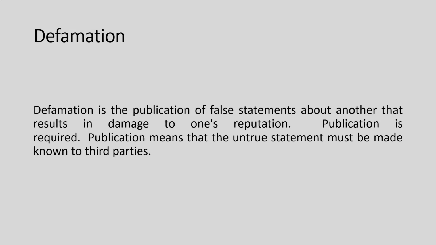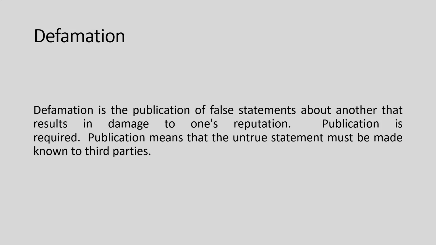Now let's change the facts for just a moment. If Anne claims that Bob did something, and that something is false and untrue and was communicated to Clara or Clyde to injure Bob's reputation, then that is going to fall in a category of defamation.